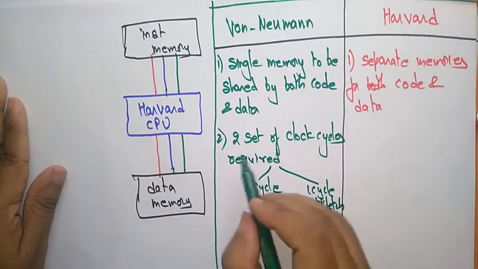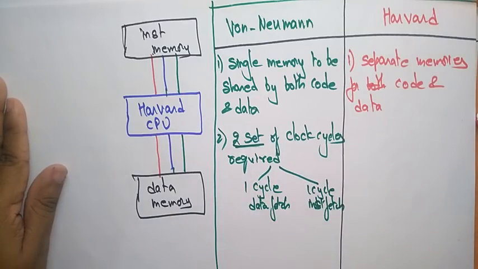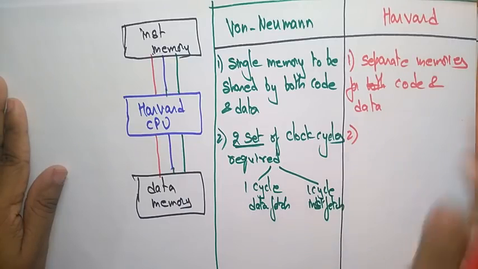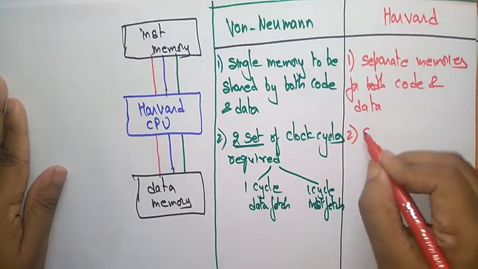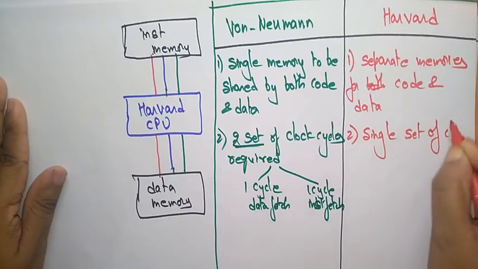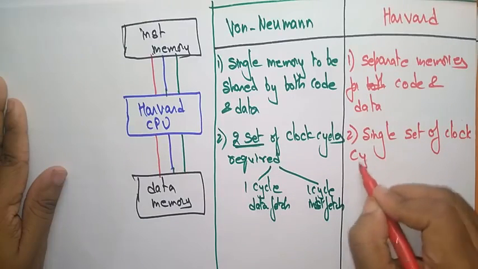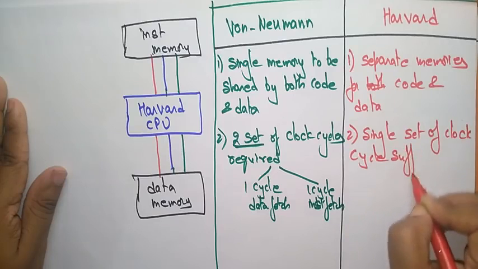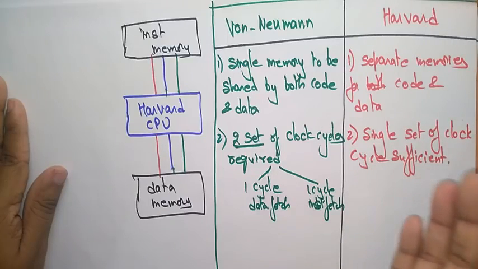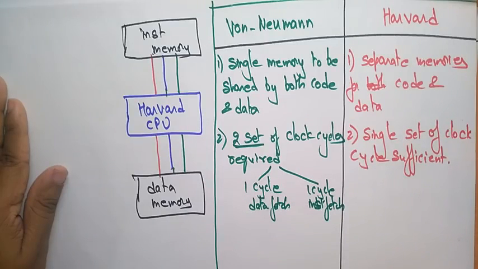In total, it requires two sets of clock cycles. Whereas in Harvard architecture, a single set of clock cycles is sufficient. Why? Because separate buses are used to access the code and data, so a single set is enough.